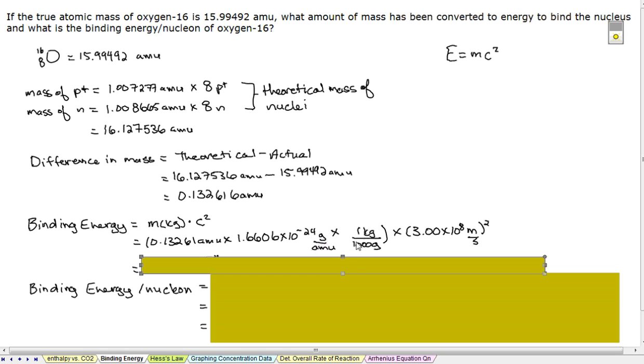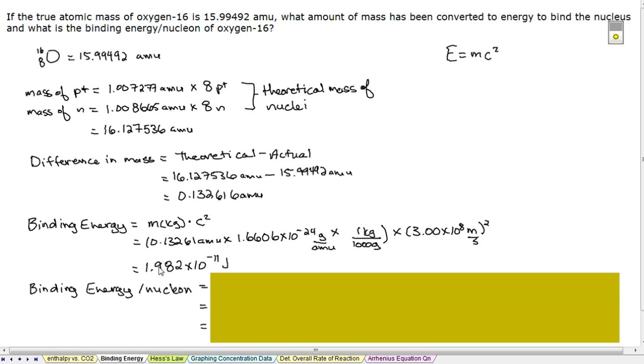So we multiply these two things from our difference in mass, and that will tell us our difference in mass for one atom of oxygen between the theoretical and the actual atomic mass in kilograms. And here's our speed of light. So when we do all that, we get this number. Not a lot of energy, pretty small, but that's considering that's only one atom.